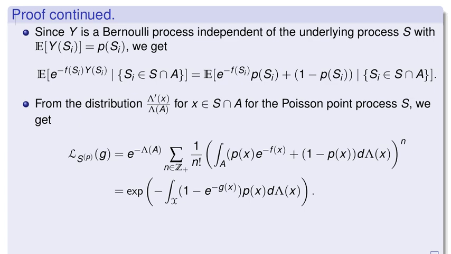The sum neatly telescopes into an exponential form, e to the power of minus the integral over 𝒳 of 1 minus e to the power minus g(x) times p(x) dλ(x).